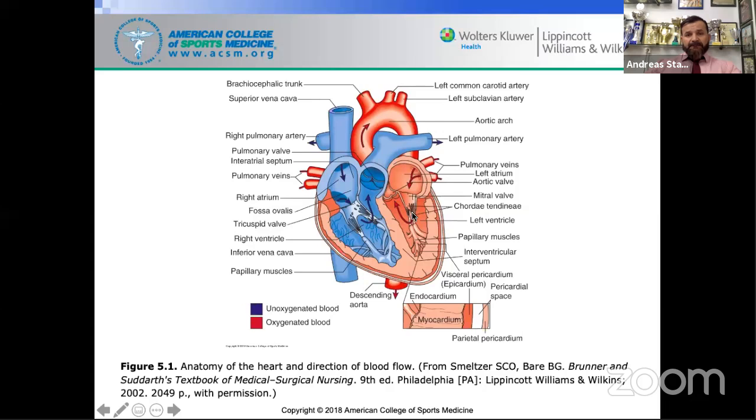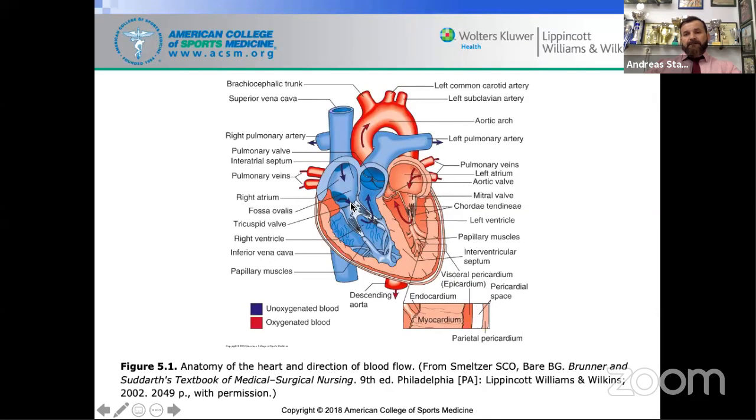The left side has 2 chambers, the right side has 2 chambers as well. The upper chambers are called atria, so atrium, and the lower ones, ventricles. So here, the blood is coming to the upper chamber of the right side, which is called the right atrium. So we'll come in here, and here we find a valve, the tricuspid valve.